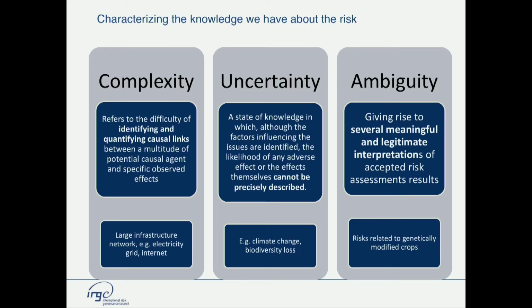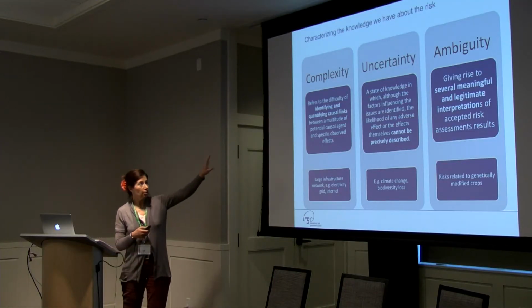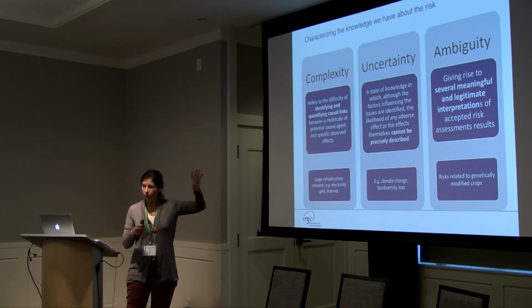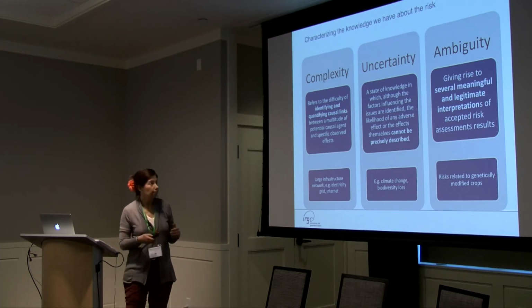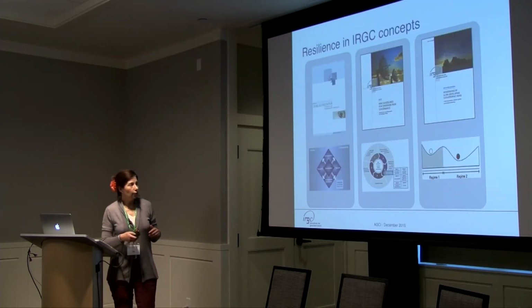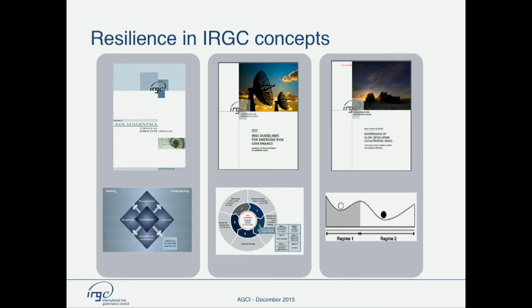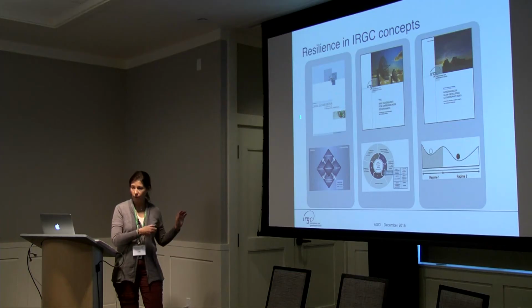I will use primarily the first two categories, complex risk and uncertain risk, to propose a kind of mapping of risk management strategies. This is the kind of trilogy of IRGC methods, instruments or concepts for risk governance. Today I will only speak about this one, which is the one written by Ortwin Renn.